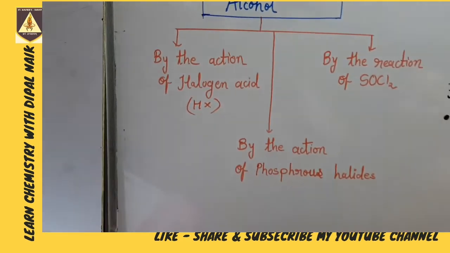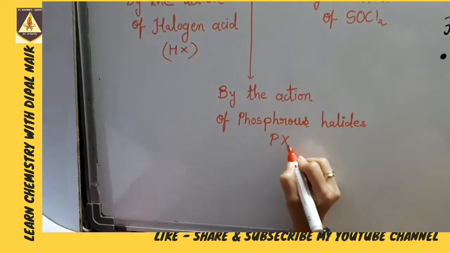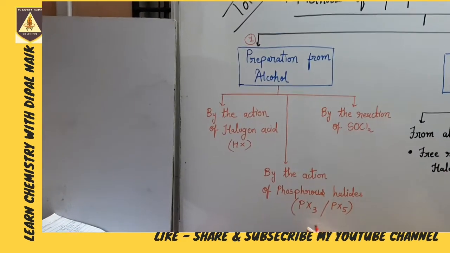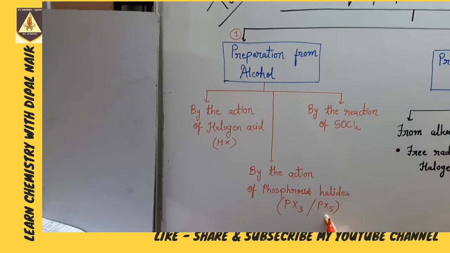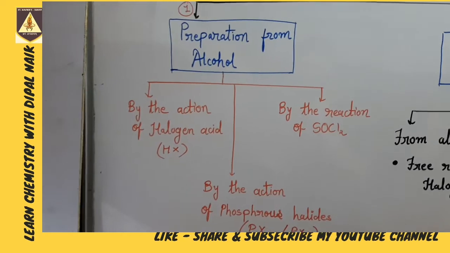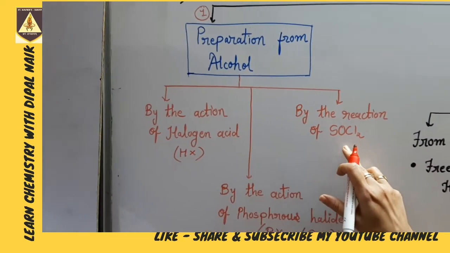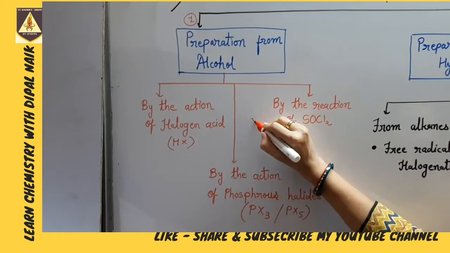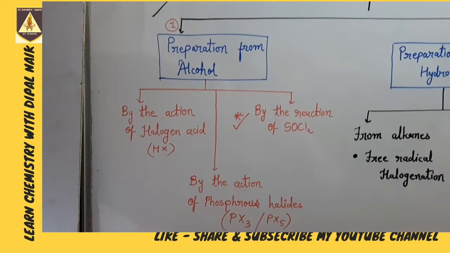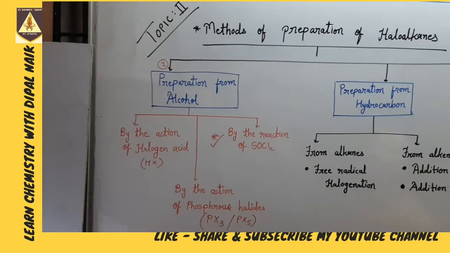The second, by the action of phosphorus halides, there may be PX3 or PX5, phosphorus trihalide or phosphorus pentahalide. Third one, by the reaction of SOCl2. SOCl2 is thionyl chloride and industrially this is the most important reaction of preparation of haloalkanes from alcohol. Why? That we will see later.